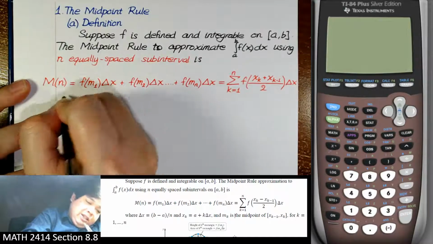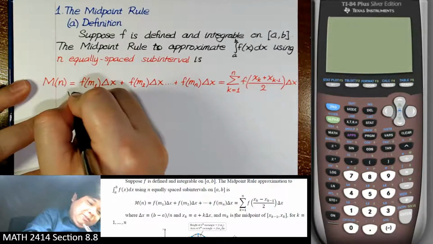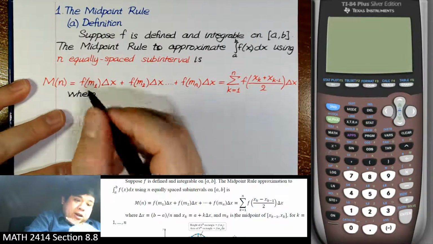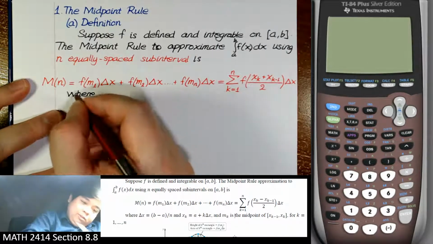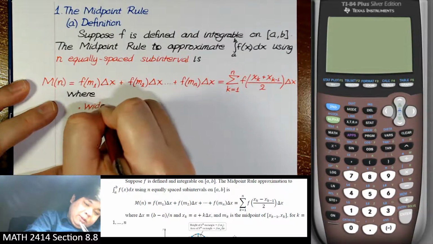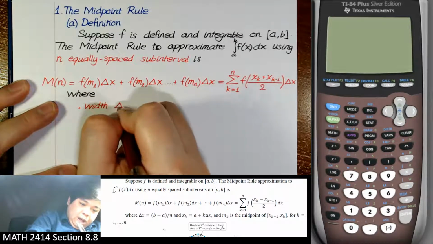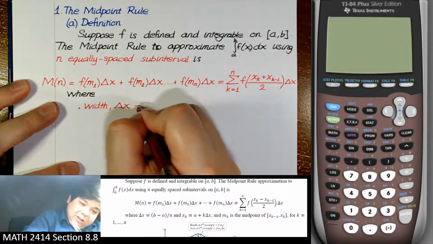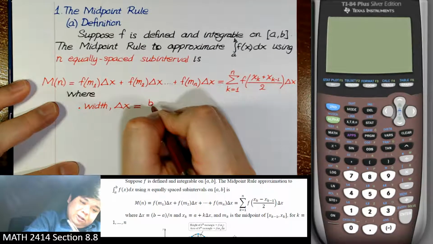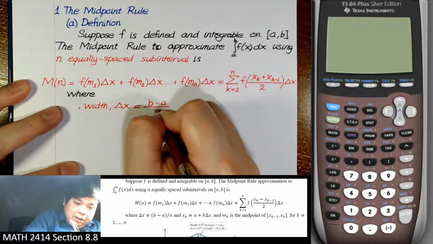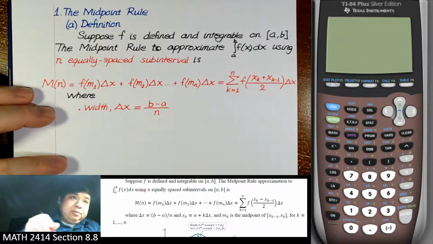So that is the formula. Delta x is the width. We did this in calculus 1. It's b minus a over n. That's the width.